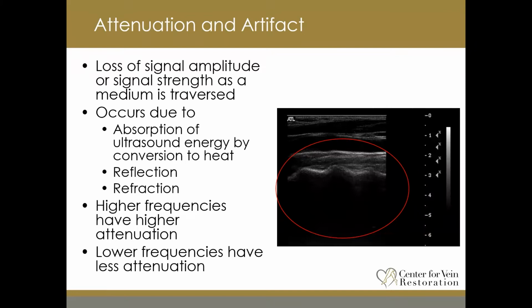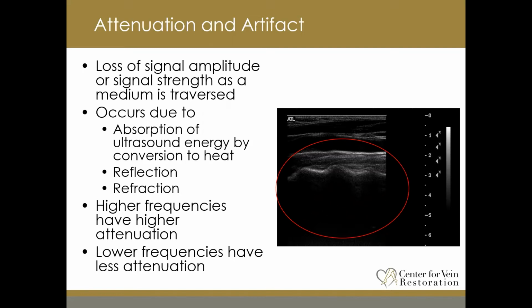Shadowing, mirror, distortion, reverberation, ring down, these are all forms of artifact. These are all things that as a technologist, as you're studying, if you're taking your RVPI exam, you should be familiar with and recognize.